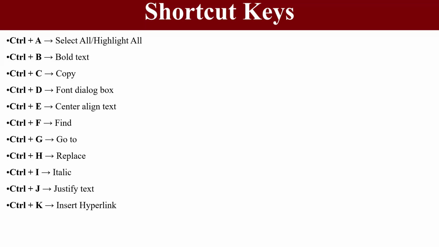Then let's move to Control K, that is insert hyperlink. This one is for creation of a link to take you to a place within your document or outside your document that is inside your system. Let's say it will take you inside a folder that is outside your Microsoft Word.